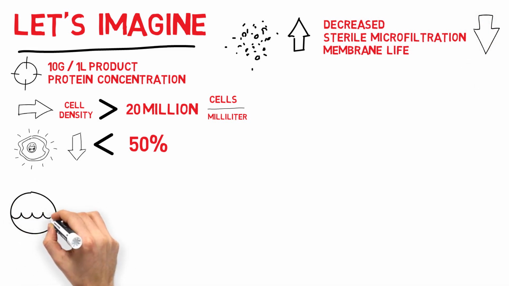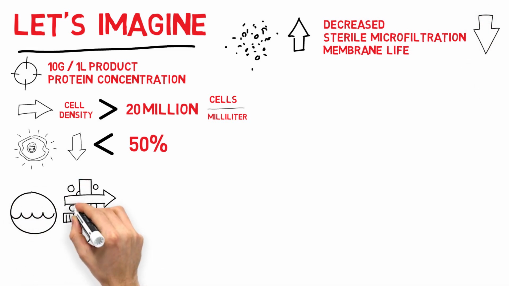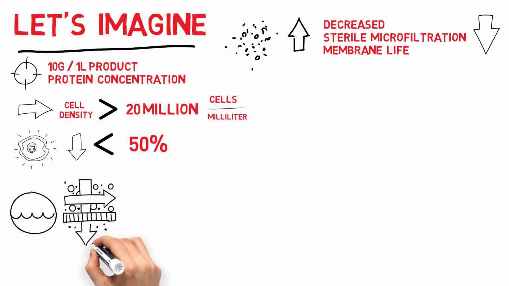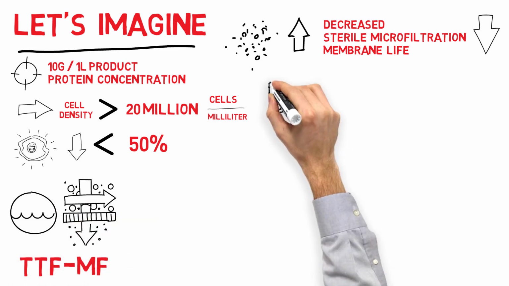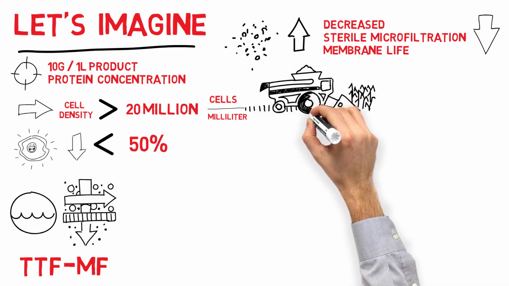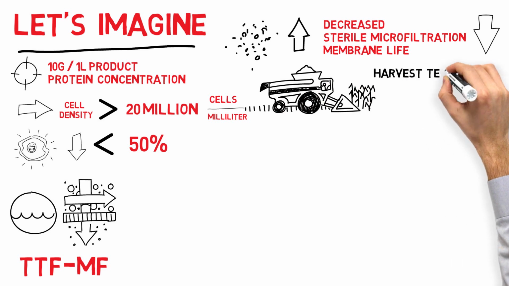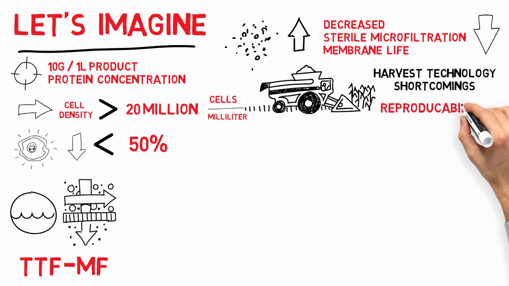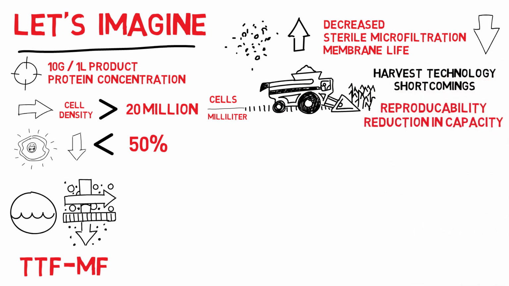To manage these fluid conditions, the manufacturer considered tangential flow microfiltration, TFF-MF for short, to increase the microfiltration membrane life. However, this harvest technology displayed several shortcomings, such as reproducibility and reduction in capacity.